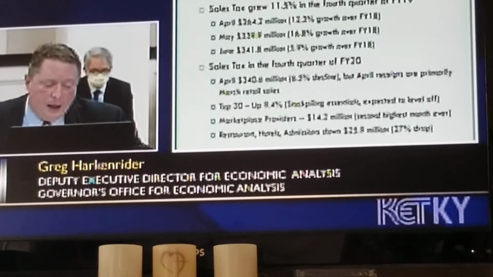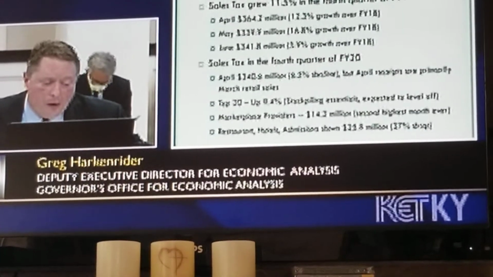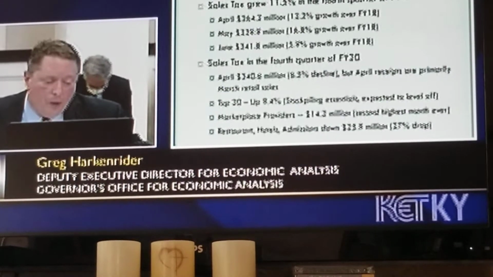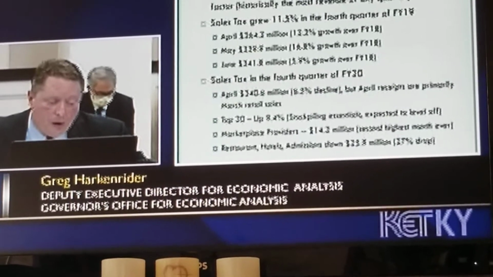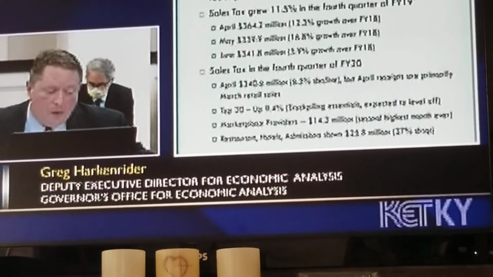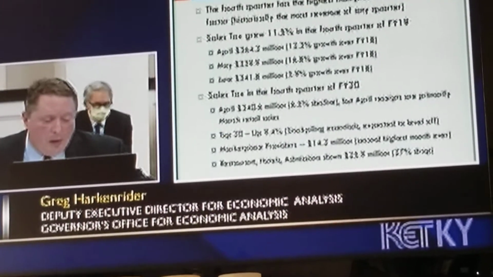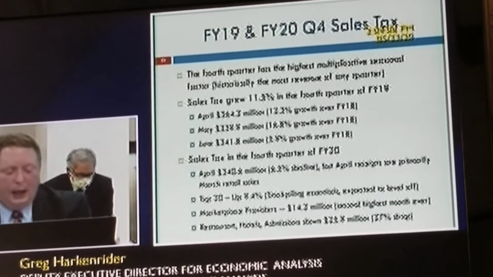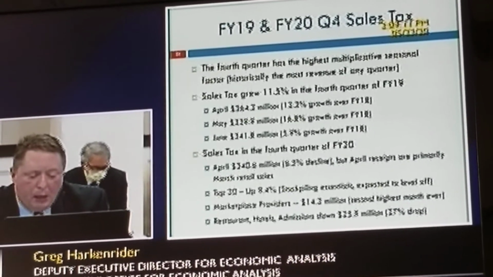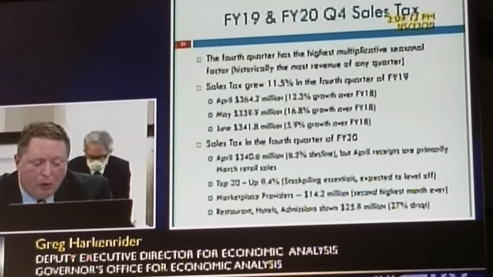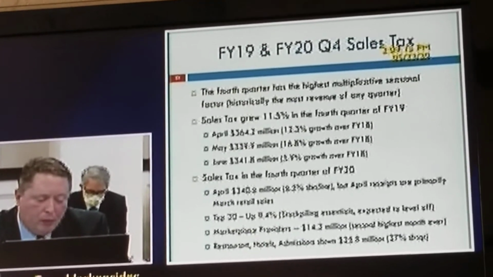Another thing I asked the Department of Revenue to track for me when the COVID thing started was restaurants, hotels, and admissions to entertainment venues and so forth. Those were down $25.9 million in April, which is March activity, a 27% drop.